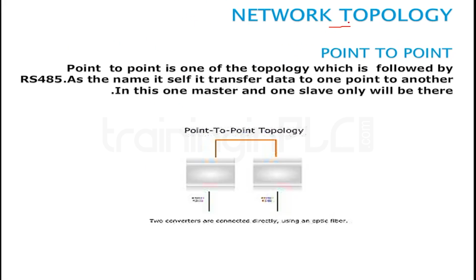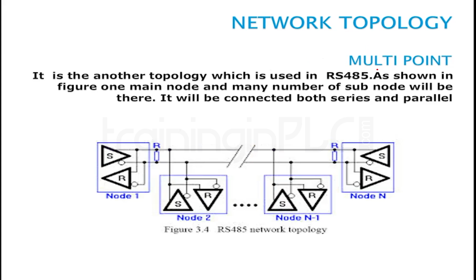If we see the network topology for this RS-485, it will support point to point connection. So it will be like one master and one slave, and the data will be transmitted between only these two devices. That's the point to point connection. RS-485 will support multi-point connection also. Here one main node will be there and all the others will be slave nodes, and they can be connected in both series and parallel.